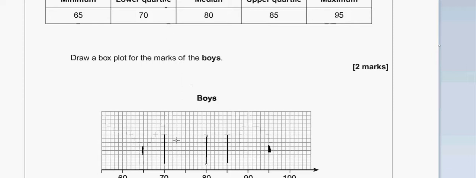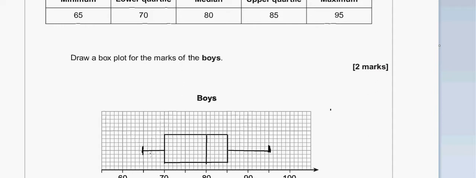So all we need to do now is connect this box plot together, and we're done. That's it. That's all we need to do.